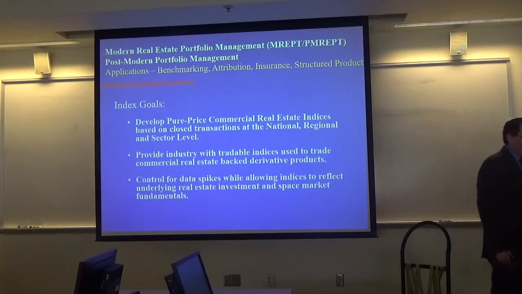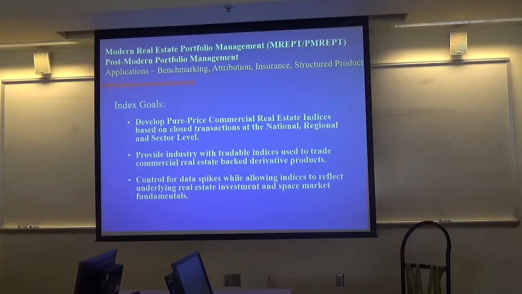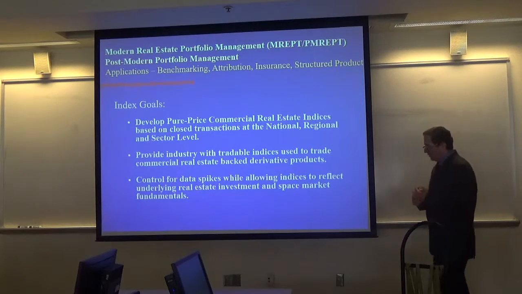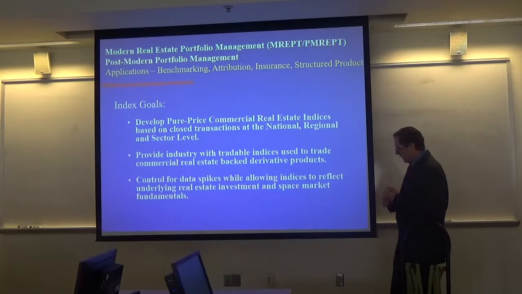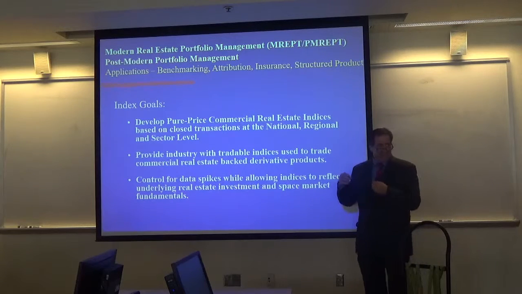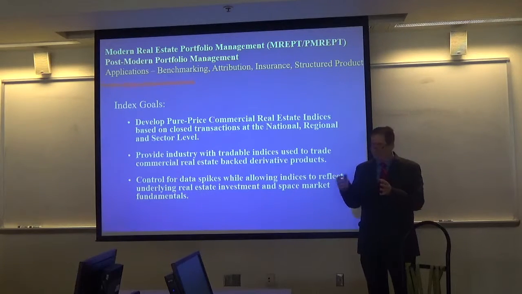They're dealing with the real estate, they're not dealing at the capital market level. And the methodology needed to control for data spikes while allowing the indices to reflect the underlying real estate investment and space market fundamentals. Our problem is that data would come into the index in random portions.